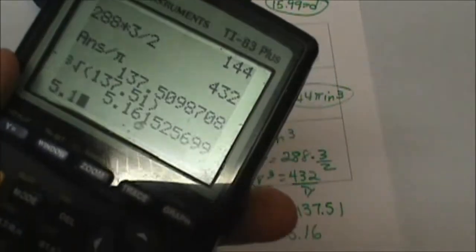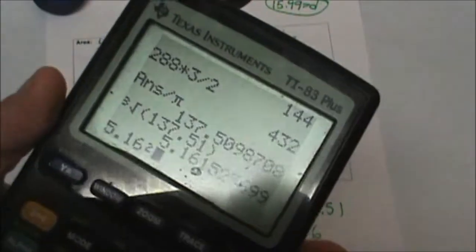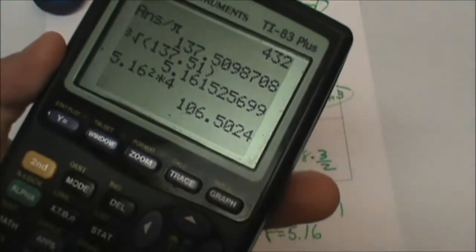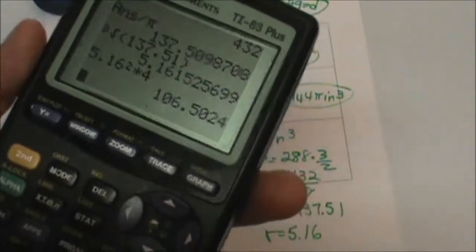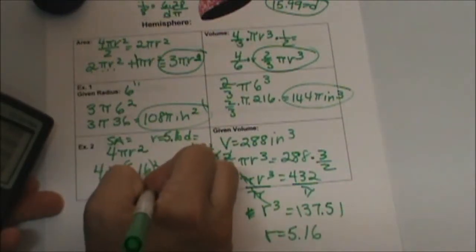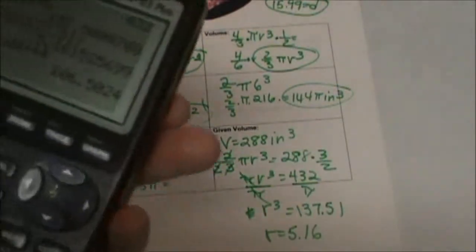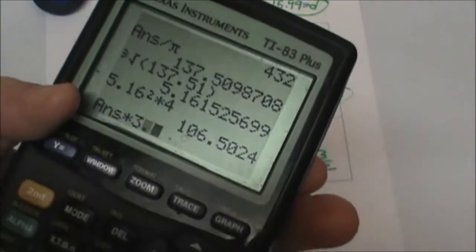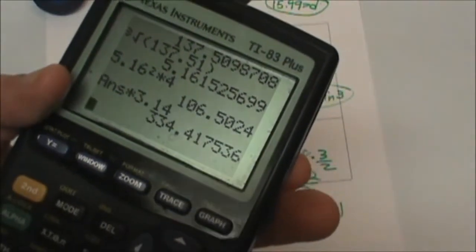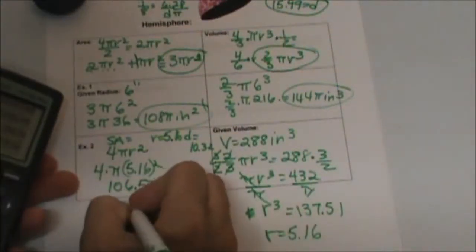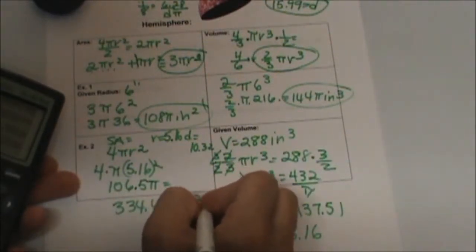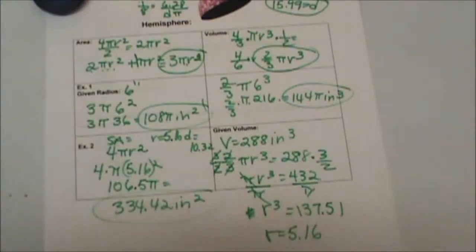So 5.16 squared times 4 gives me 106.5 pi. Or if I wanted to multiply it all the way out, I could multiply by pi, or 3.14, and I get 334.42 inches squared.